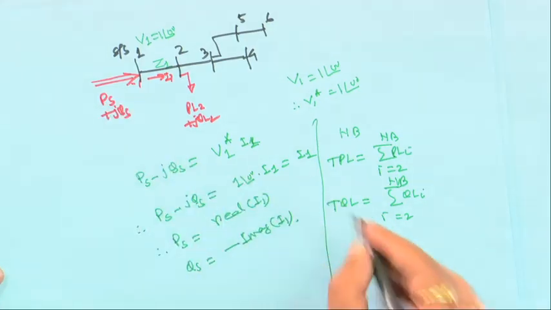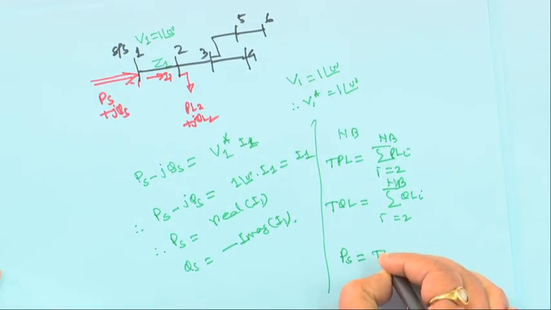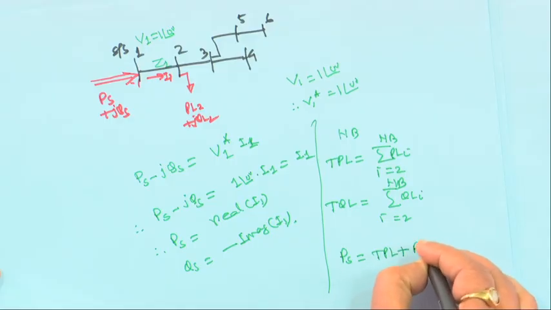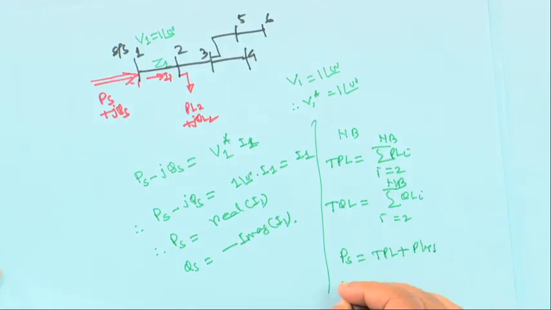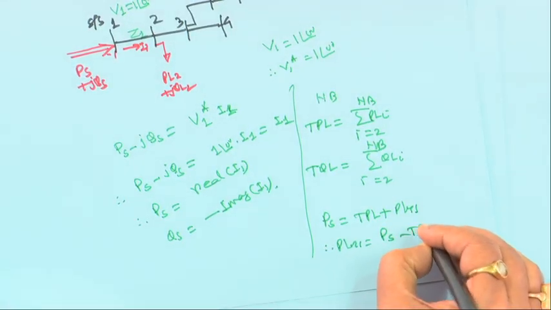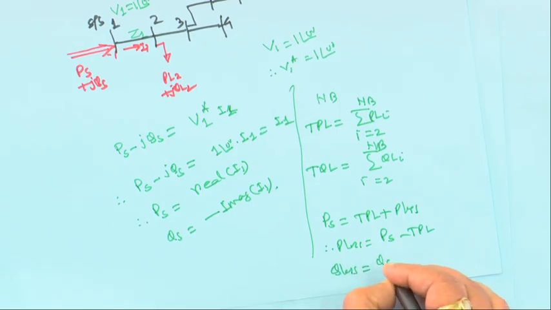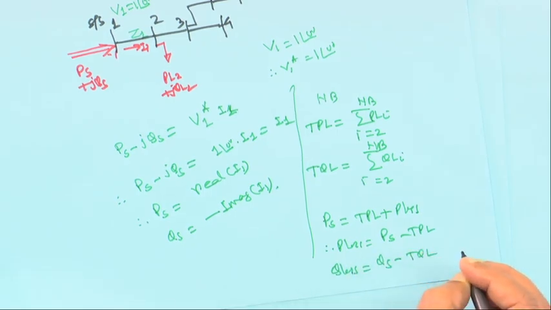The injected power PS is equal to the total load TPL plus the total power loss. That means P loss is equal to PS minus the total real power load. Similarly, Q loss is equal to QS minus the total reactive power load.